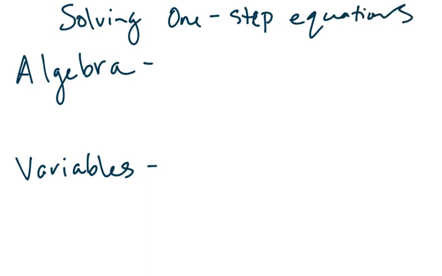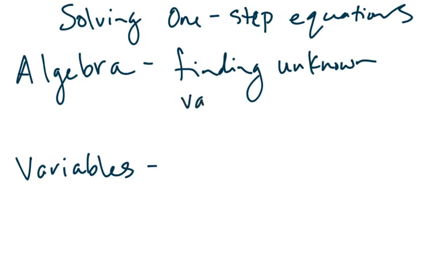Expressions don't. Two words I want to review with you right now, algebra and variables. Algebra is a really big math domain, world, that has lots of parts to it, but one of the biggest parts is finding unknown values.